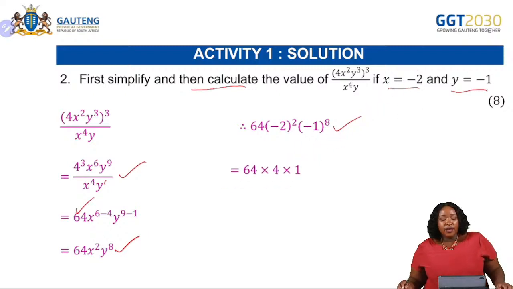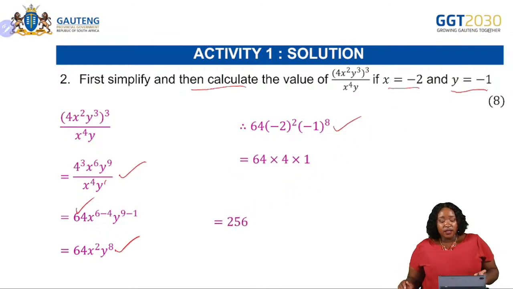Okay, then once you've done that, you can now apply the exponents. So -2 squared gives you 4, and remember, -1 raised to an even number will be equal to 1. So it doesn't matter how many times you multiply it, as long as it's an even exponent, it will be equal to +1. Right, so now we have 64 times 4 times 1.